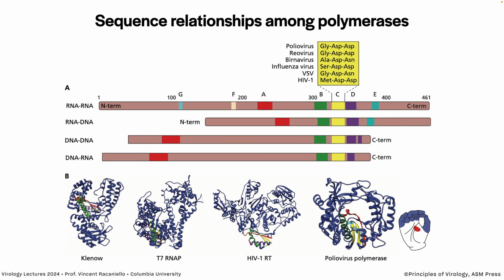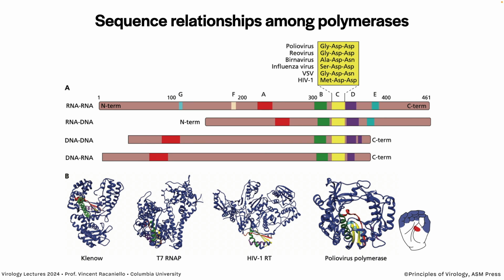The yellow domain is where the catalysis occurs. It's in the palm, and here you can see in the polio polymerase 2 beta strands that are making the yellow domain. That's where catalysis happens, the same for all the other polymerases. In that yellow domain, the active site, there are crucial amino acids that hold the magnesiums into place, like gly, asp, asp, as I told you before.